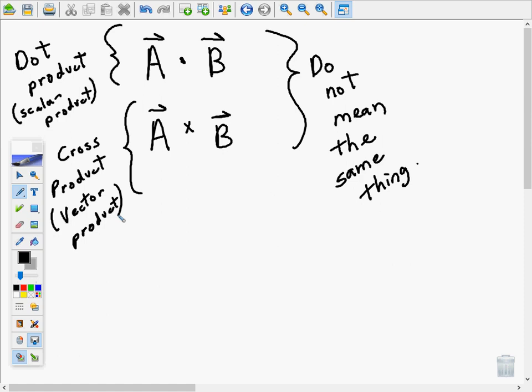So I was actually brainstorming last night, how do I help you get a true gut understanding of the meaning of the dot product and the meaning of the cross product? You know how sometimes when you understand something, it's one thing, but then when you really try to break it down and teach it to somebody else, it's another thing? I was trying to figure out how to unfold the material.